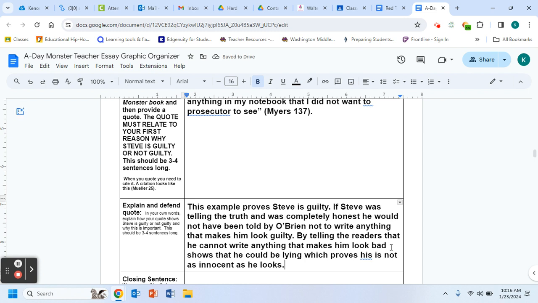If Steve was telling the truth and was completely honest, he would not have been told by O'Brien not to write anything that makes him look guilty. By telling the readers that he cannot write anything that makes him look bad shows that he could be lying, which proves he is not as innocent as he looks. Notice how I make mistakes and I fix them, ladies and gentlemen. Make sure you do that too.